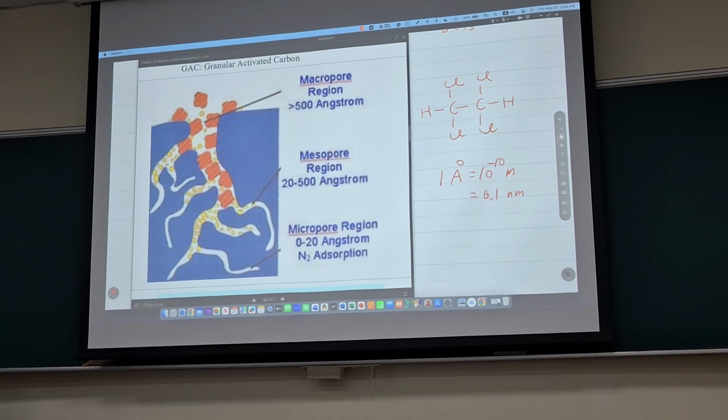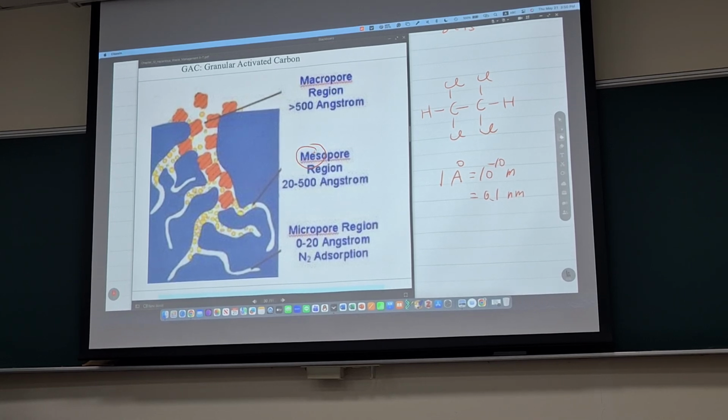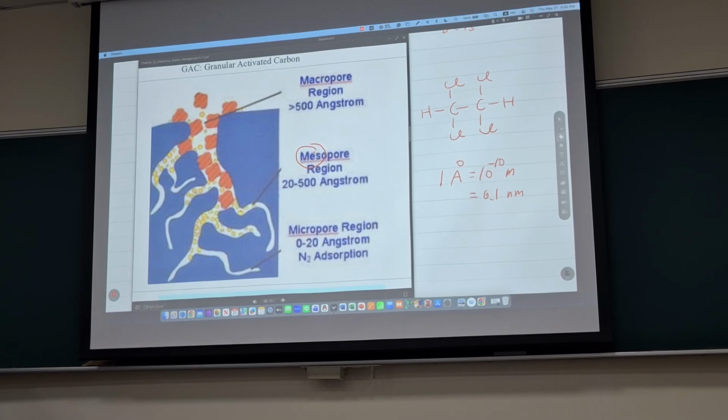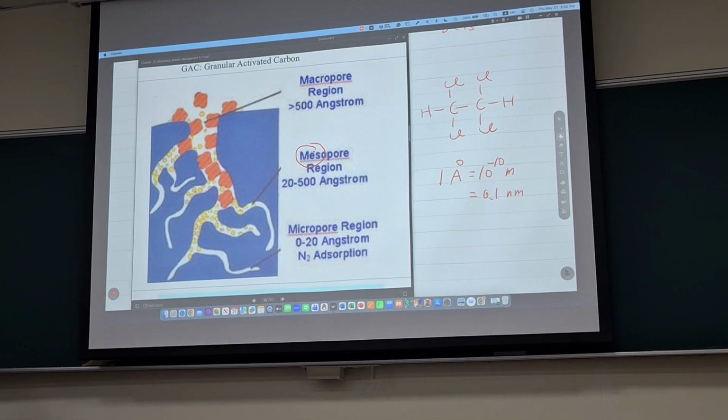And mesopores. The mesopore region refers to 200 to 500 angstroms. So this is good for medium-sized molecules. The larger pore region is more than 500 angstroms, which helps molecules enter the carbon structure.